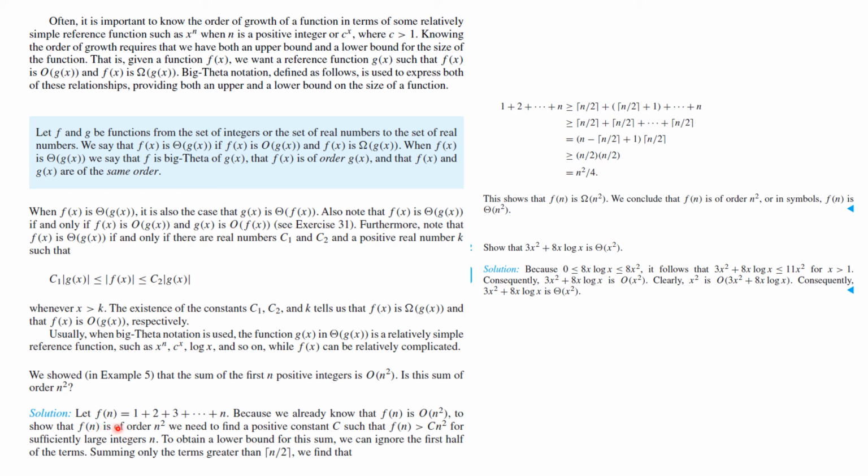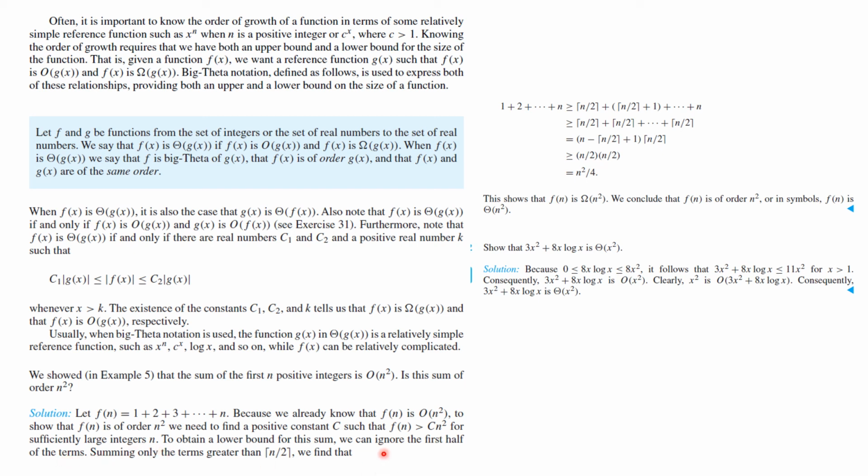So we let f of n equal 1 plus 2 plus 3 all the way up to n. Now we already know that it is big O of n squared. So what we have to do is try to find a constant c such that f of n is bigger than c n squared if n is large enough.